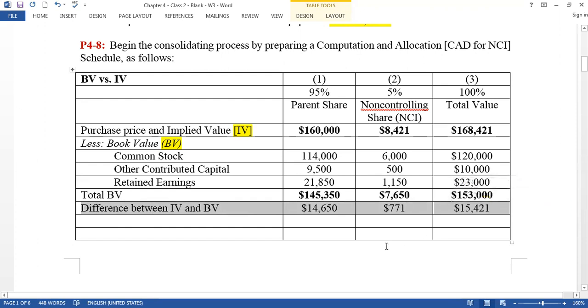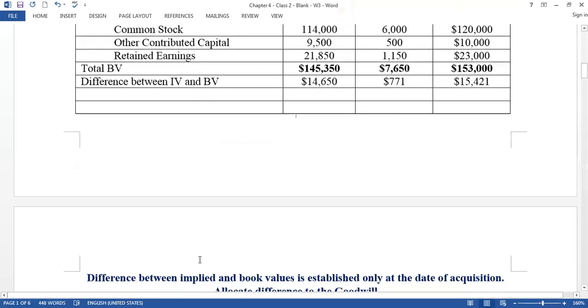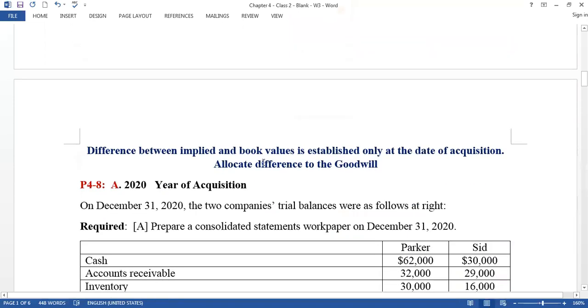Now you have to read the question after we find a difference. The question will tell you where we should allocate the difference. Clear? When you stop, come here, then read the question carefully. Where should we allocate the difference? We read the question here. The question said to allocate the difference to the goodwill account. This is part of the question.